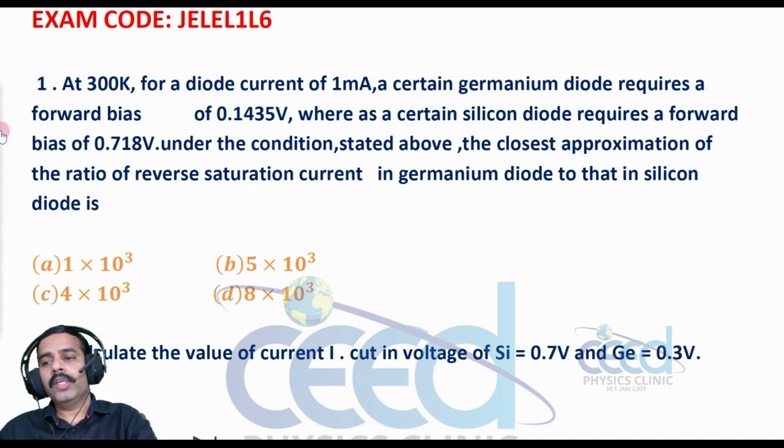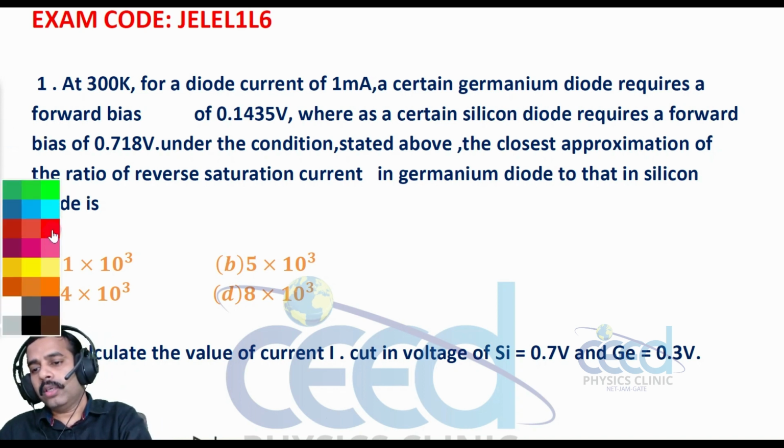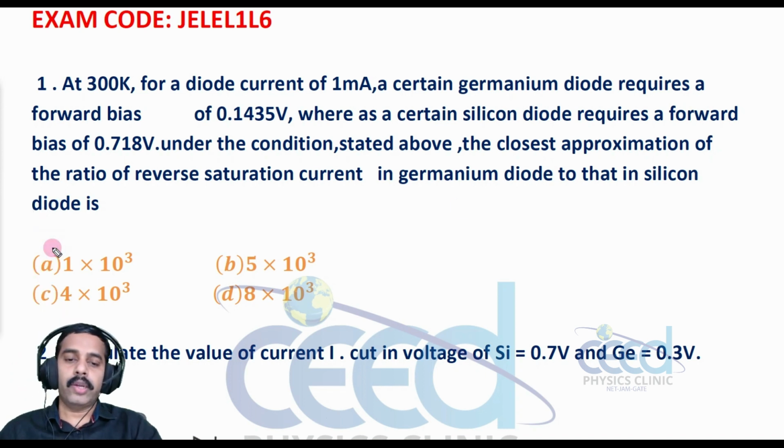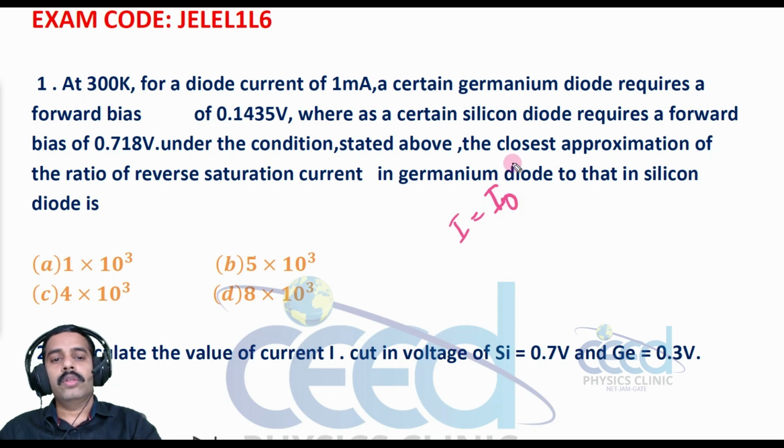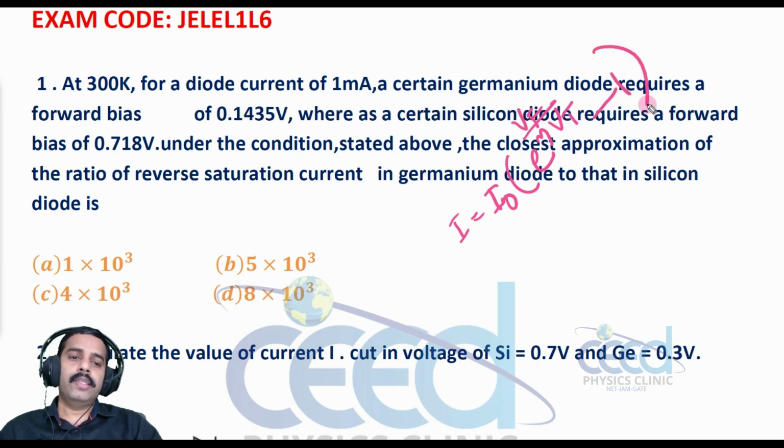We already know the expression: in a diode, the forward current I is equal to I0 into e raised to Vf divided by eta Vt, minus 1, where Vf is the forward voltage and Vt is the thermal voltage.